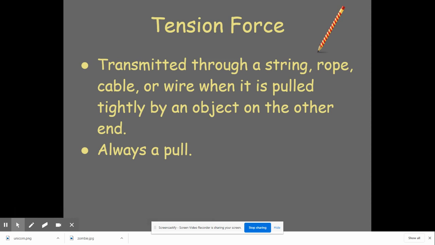So that's a force that is transmitted through a string, a rope, a cable, a wire. This is always a pulling force, right? Because you're going to pull on these things when you want the rope or the string to be tight. To do that, you'd have to pull on it. So it's called a tension force, but you are still exerting a force on those objects.